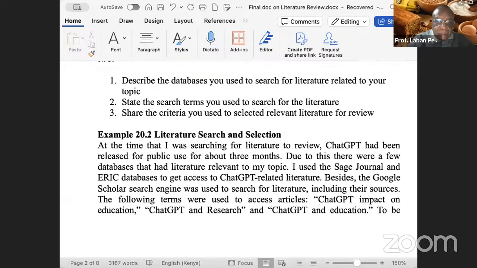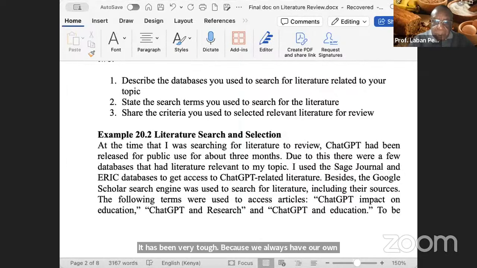It has been very tough because we always have our own sessions late in the evenings with our cohorts, and we always struggle through these concepts. But I think this seminar is very imperative and beneficial, because with all this information we are able to go back to what we've been writing and struggling through, and refine and polish it.